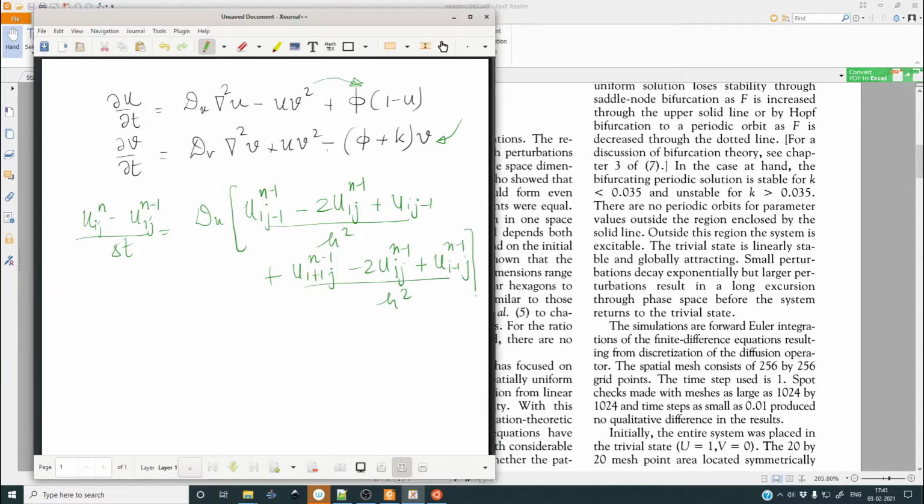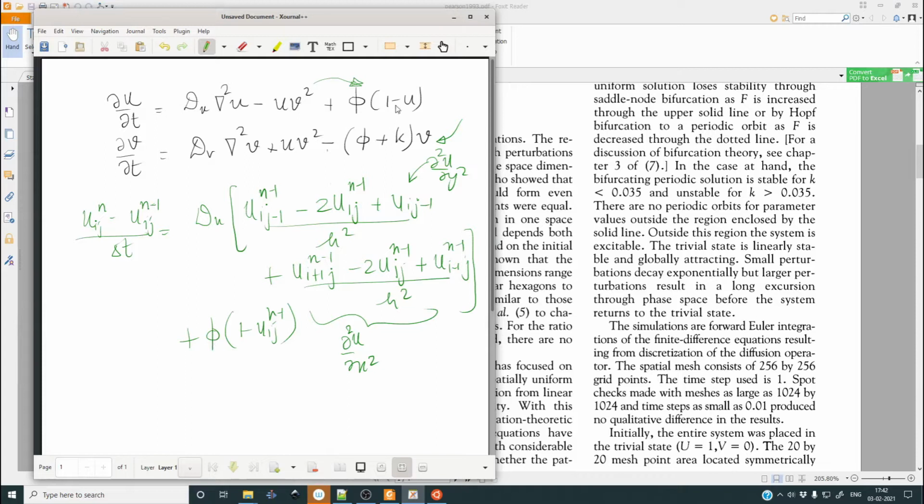So you can see that this is the del 2 u del y2 term, while this is the del 2 u del x2 term. Well, now what about this? This is simply plus phi times (1 minus u_ij) at n minus 1.